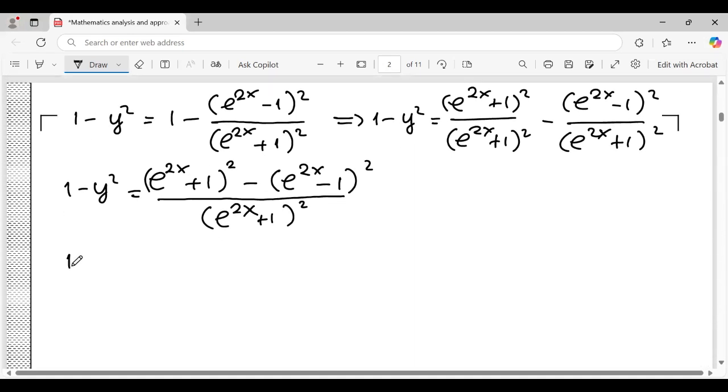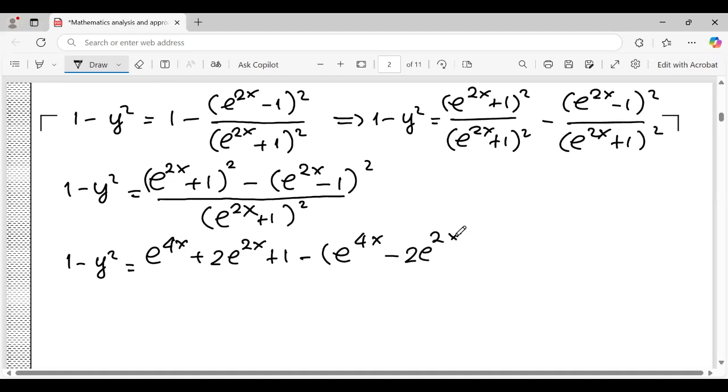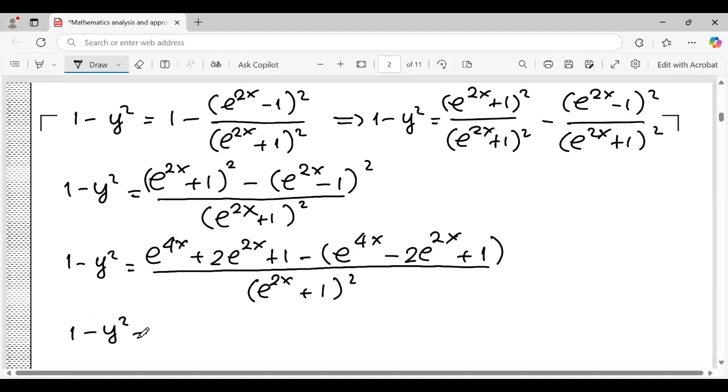Next, 1 minus y squared equals, now we're going to expand this: e^(4x) plus 2e^(2x) plus 1, minus (e^(4x) minus 2e^(2x) plus 1), over (e^(2x) plus 1) squared. Now we are going to cancel these as well.